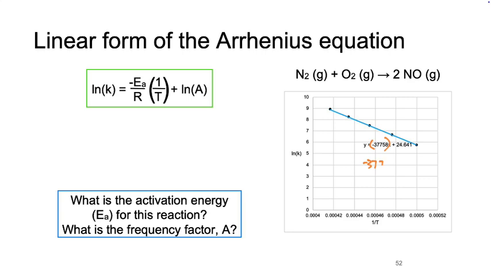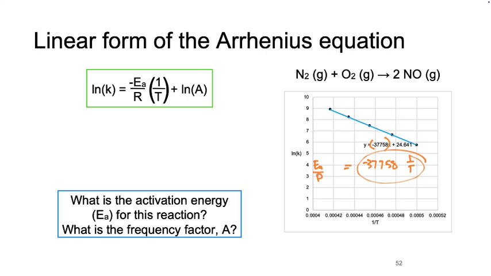Negative 3,778 times X. What was X? 1 over T. 1 over T as a unit. That's it. We don't need a numerical value associated with it. Okay, as a unit.